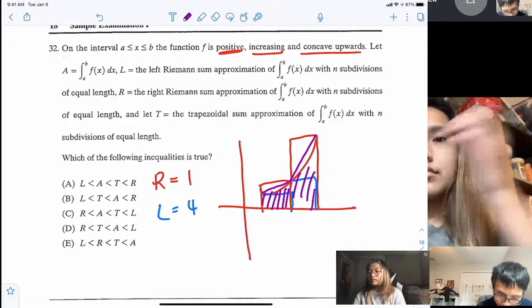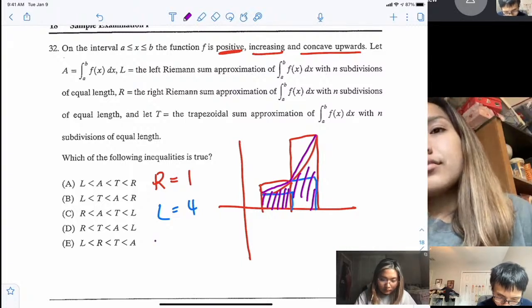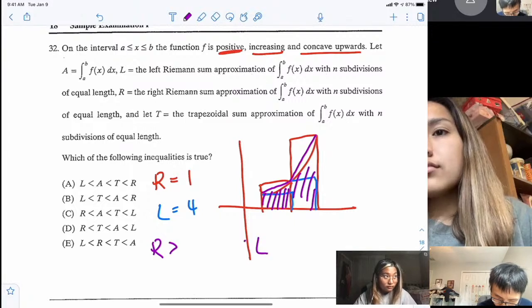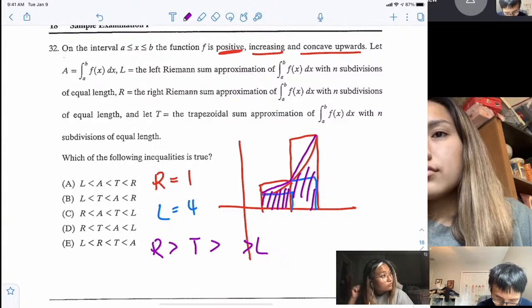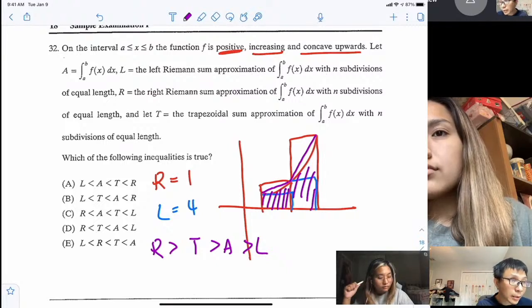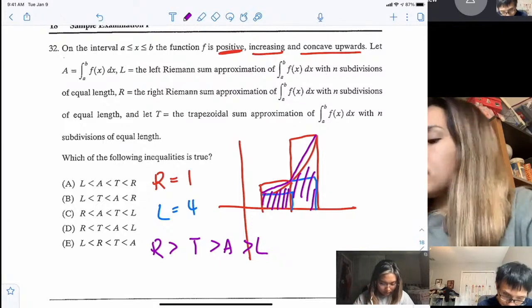So the trapezoid is bigger than actual, but it's in between. So it's probably going to be R, L, and the trapezoid is bigger than actual. The answer is A.